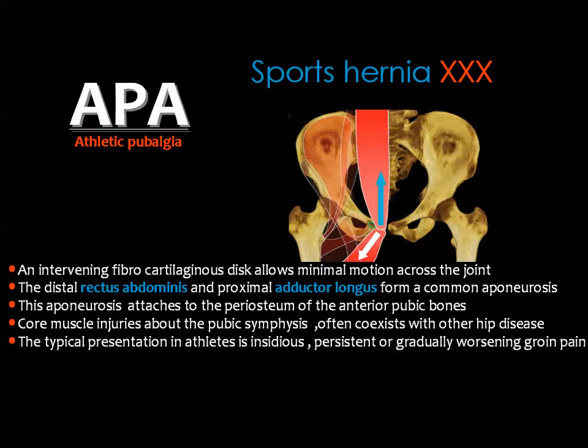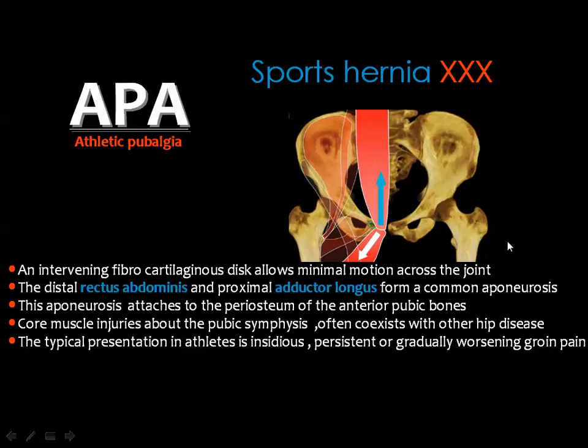Then finally, we came to the athletic pubalgia, which is mistakenly known as a sports hernia. The athletic pubalgia is related to what is known as the core muscle injury.